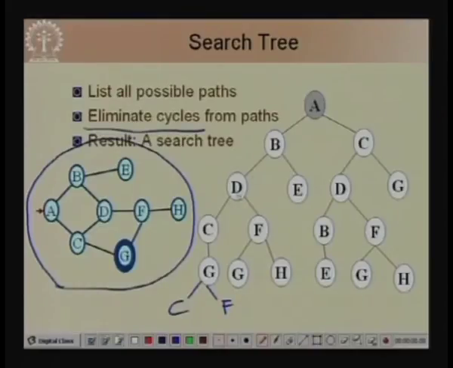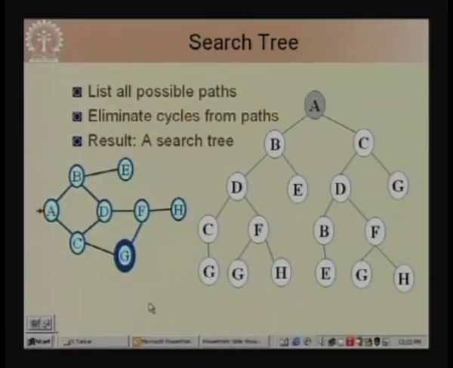That is, if in this path we have already visited C, therefore, from G we will not come back to C. Anyway, G is a goal state. So, in order to construct a search tree, we start from the initial state, we unfold the graph and we list all possible paths until one reaches a goal state or a dead end, and the result is a search tree.